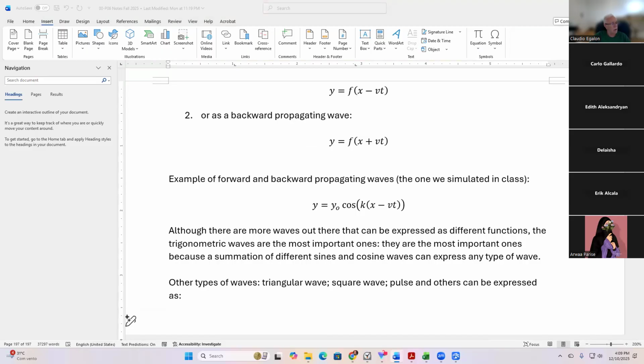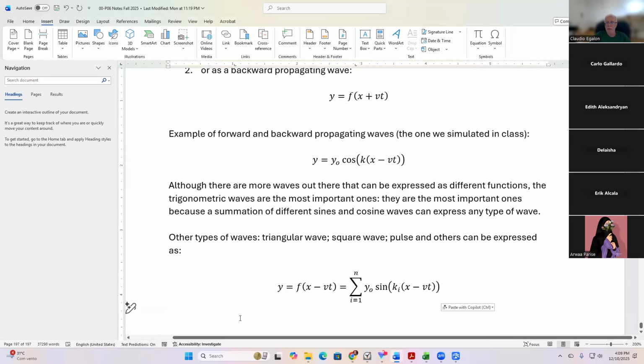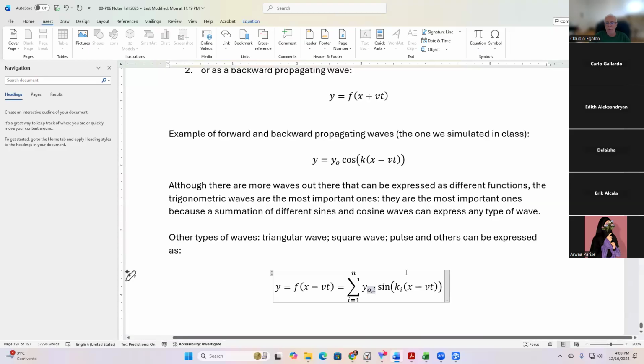Here you go. And here I'm going to put different amplitudes. See, I am summing up different sine or cosine waves. And by the way, it can be either sine or cosine, because they're almost the same function.